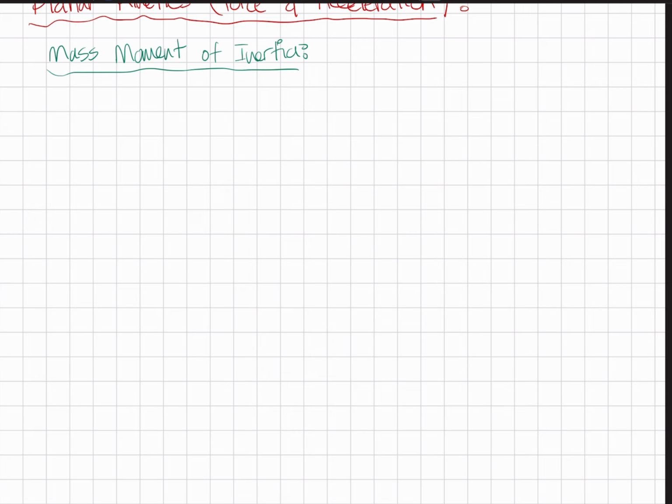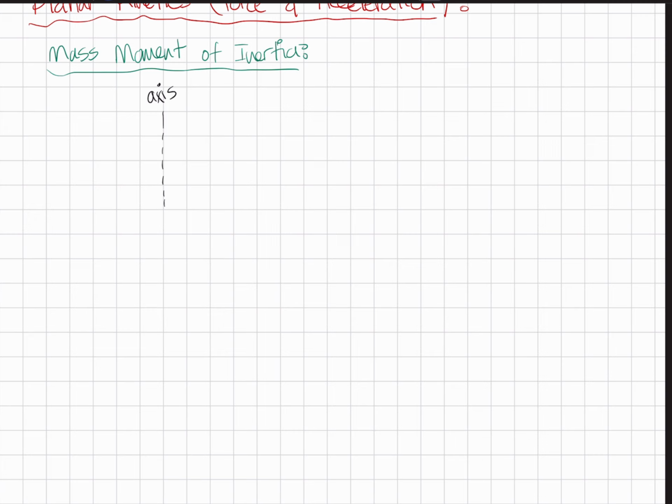Mass moment of inertia is really the mathematical equivalent of mass for rotation. So whatever mass was to a translational body, mass moment of inertia is the same thing, but for rotational behaviors. And the way we want to formulate it is we set up an axis, kind of like this.